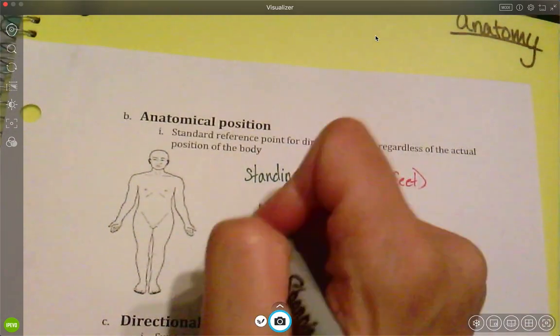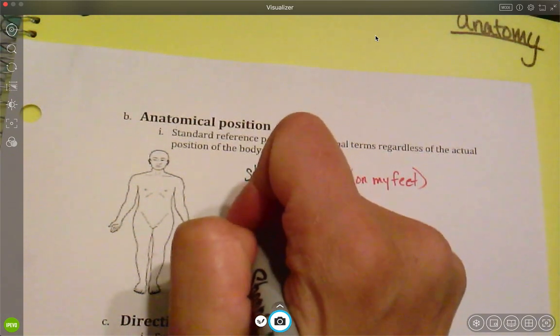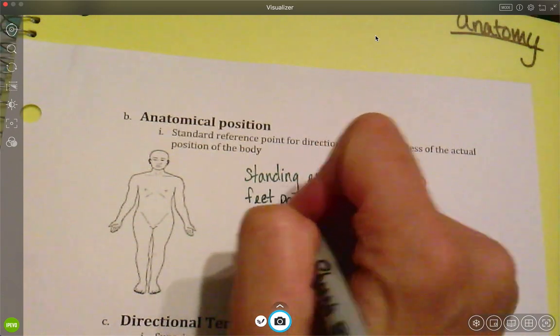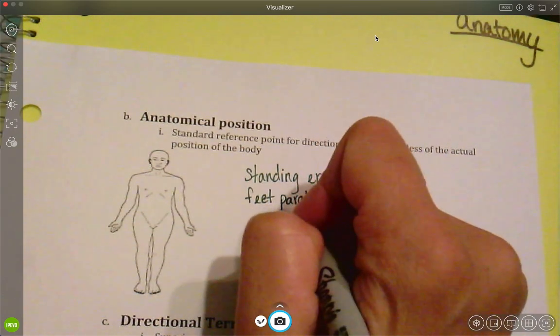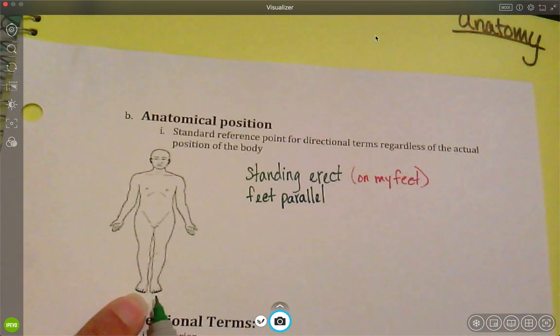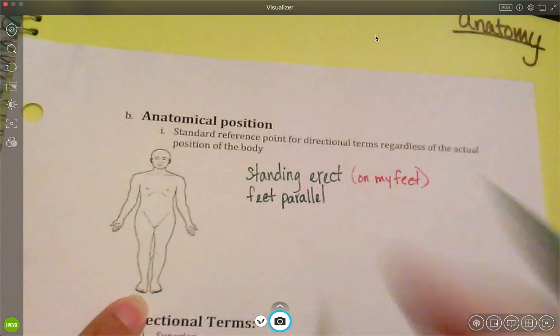Second thing is feet parallel. So notice both the feet are pointing forward. They're not touching each other. Facing forward.